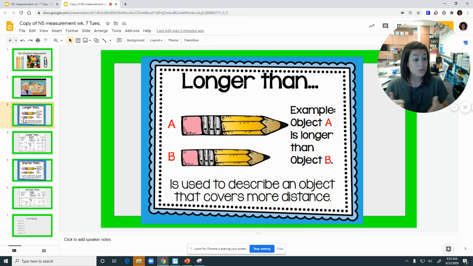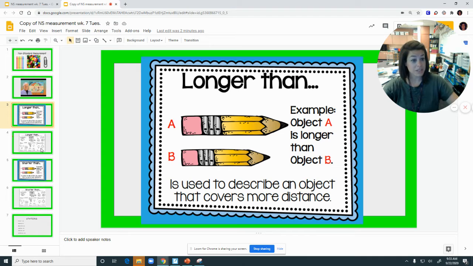So if you're longer than somebody, you're just covering more distance, okay? Just like if you were taller than somebody, you are higher up than somebody else. You are taking up, you cover more distance, okay?